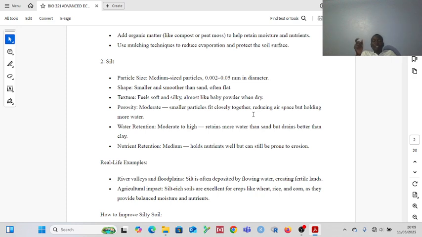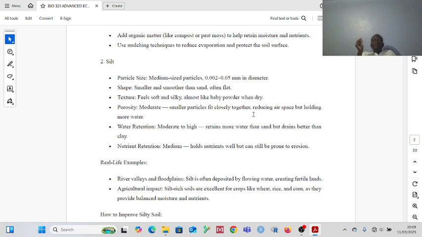The porosity, the number of pores between the particles of silt, is moderate, smaller compared to the pores you find in sand. Because the pores are small, they reduce the airspace. The amount of air in silt is smaller compared to sand.